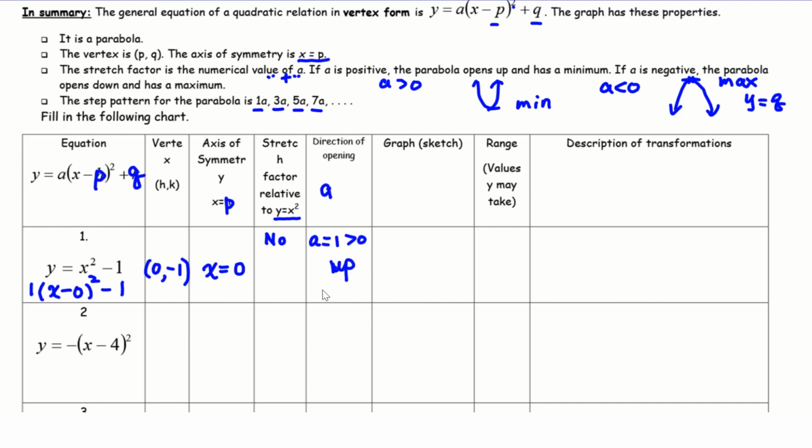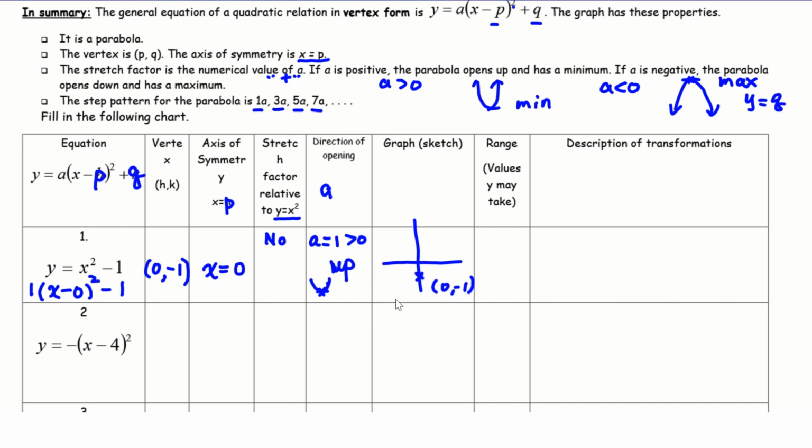At the vertex is a turning point, and all the other points are above the vertex, so it opens up. To sketch it, we are going to use a step pattern, starting at (0, -1). This is your vertex.